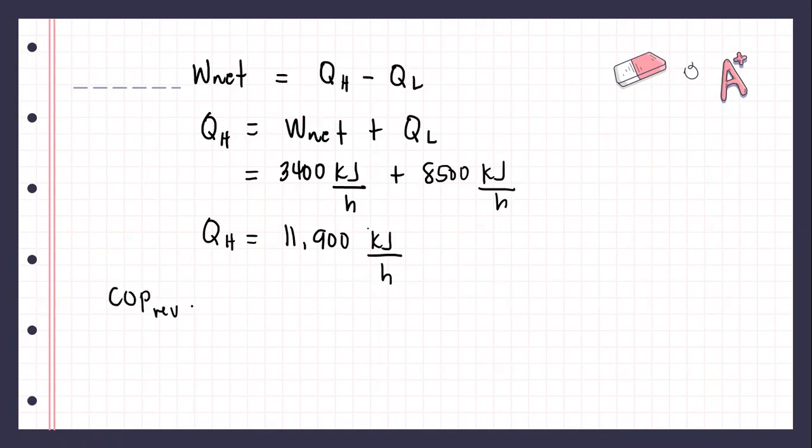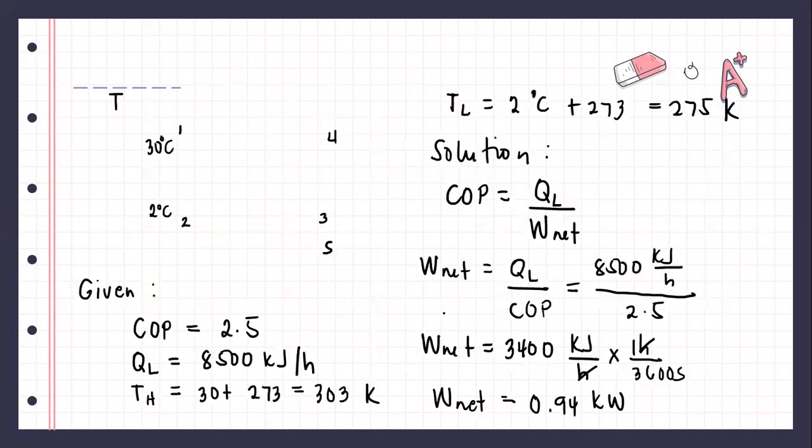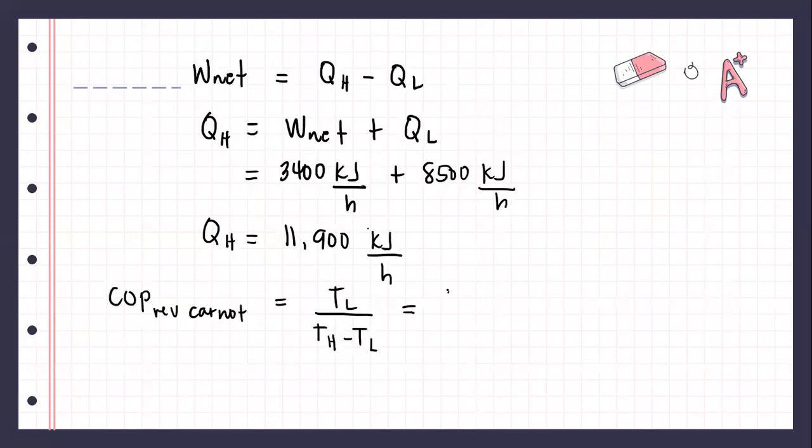Okay, now for the COP of the reverse Carnot, which is equal to T_L over T_H minus T_L, where T_L is 275 over 303 minus 275.